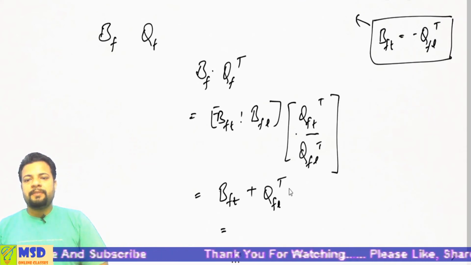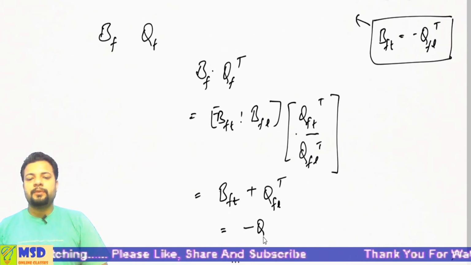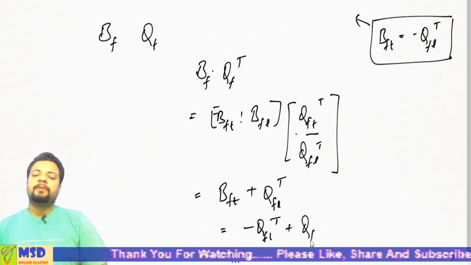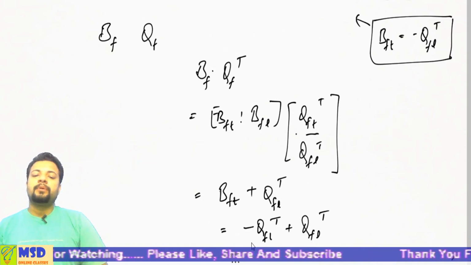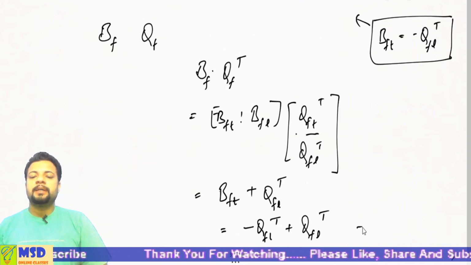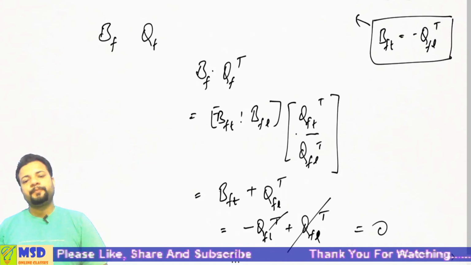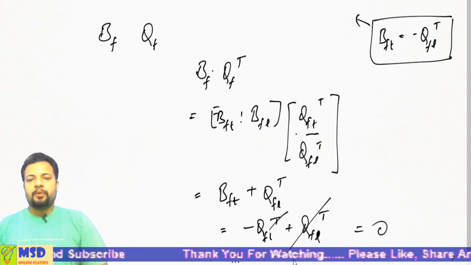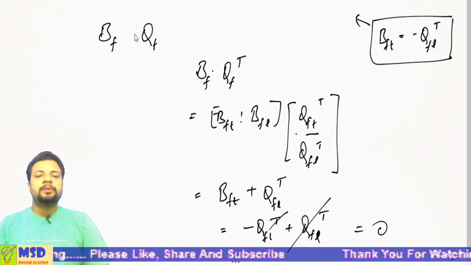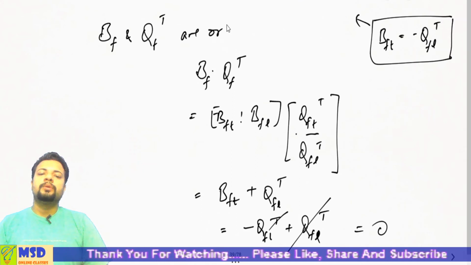If I replace BFT with minus QFL transpose here, the product of BF and QF transpose is equal to 0. I hope I'm clear. Then what is the final conclusion? That BF and QF transpose are orthogonal.